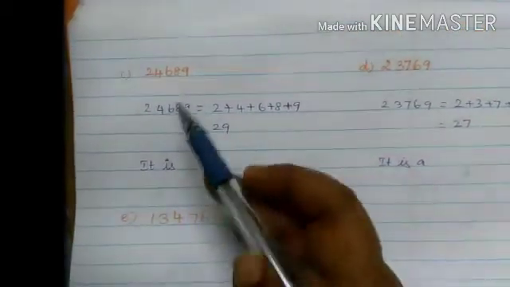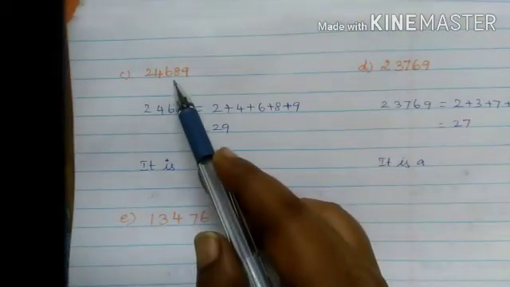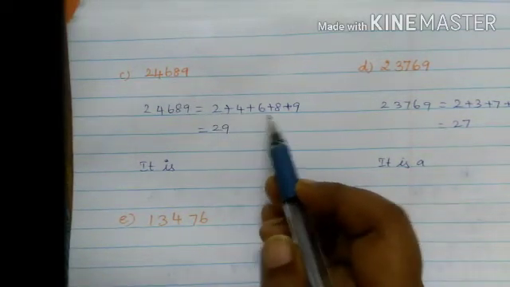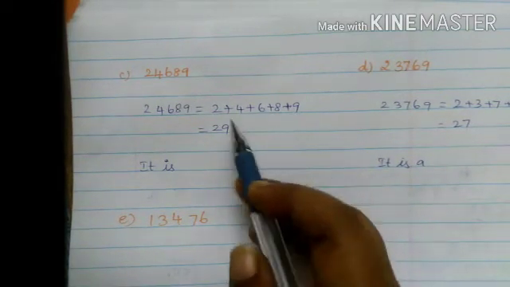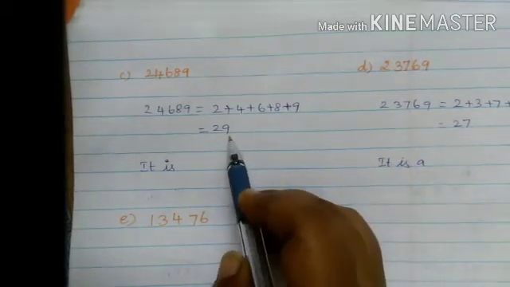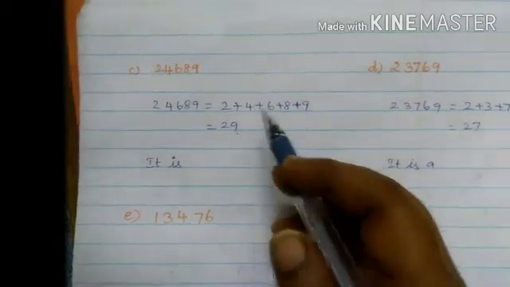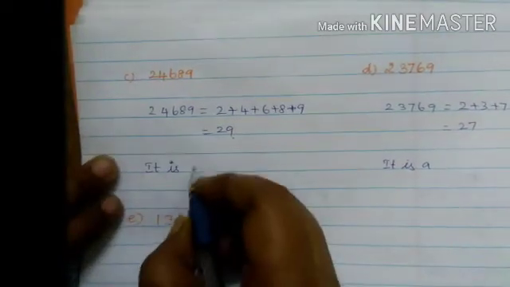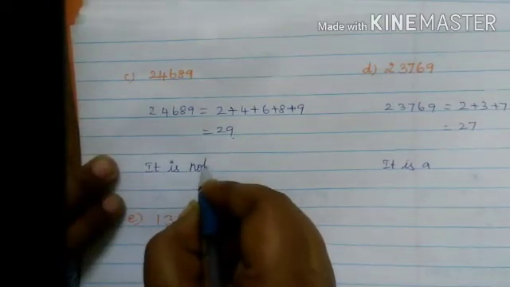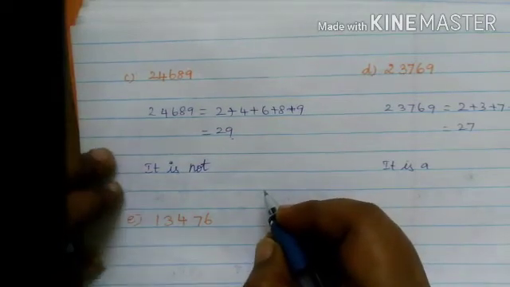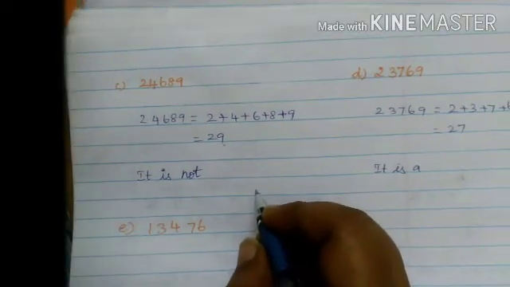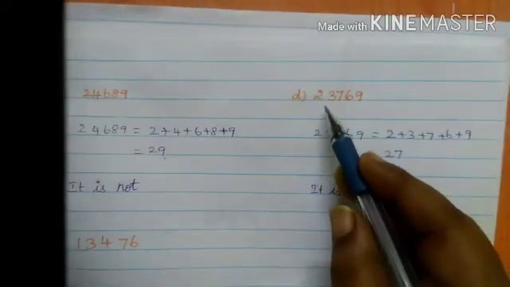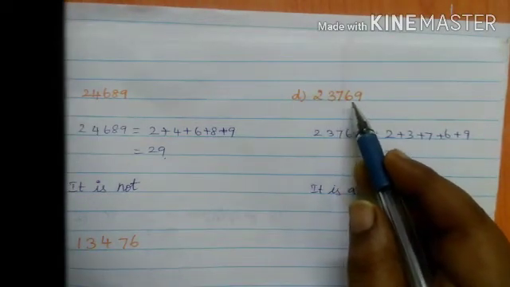This one, sum C: 24,689. Now add 2 plus 4 plus 6 plus 8 plus 9. You add and get 29. Is 29 coming in the 9 table? No. So it is not a multiple of 9. Okay, the next one, D sum: 23,769.